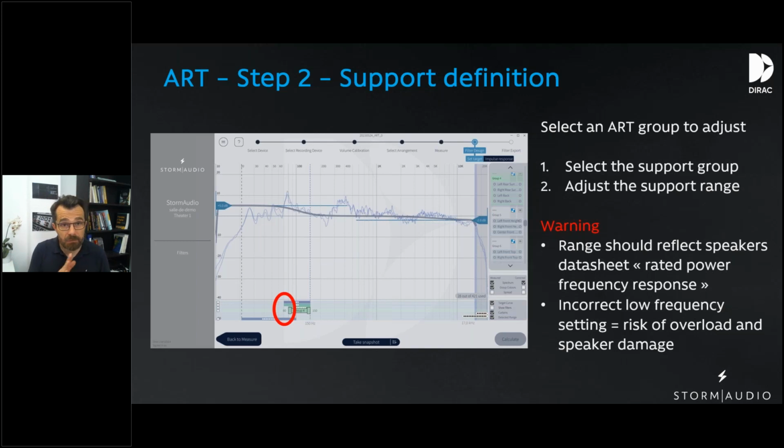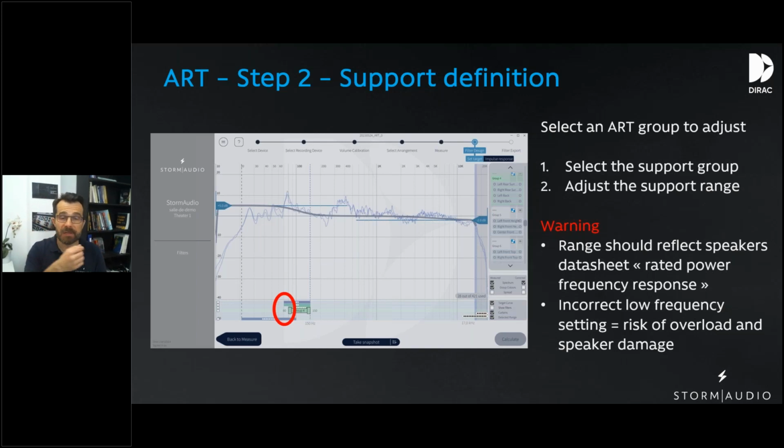As I mentioned, if you do not set the lowest frequency part in a good way, you will end up with trouble. Just be aware that for speakers, this low support frequency crossover information is also used to do the more traditional bass management.